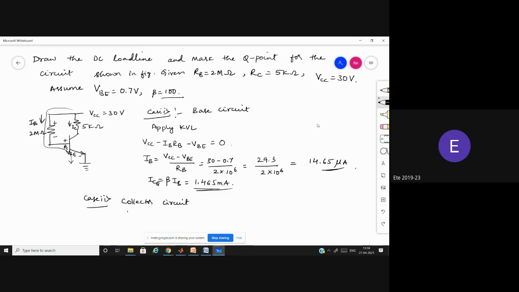On applying KVL, we get VCC minus ICRC minus VCE is equal to 0. Between this, we are having VCE. So VCE is equal to VCC minus ICRC. So what is the value?